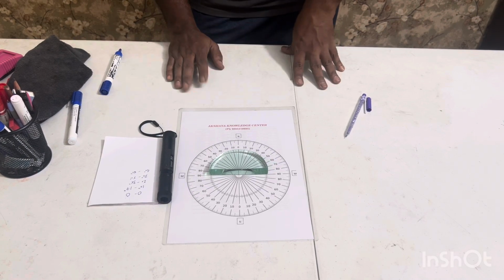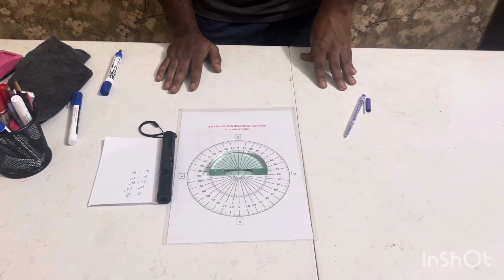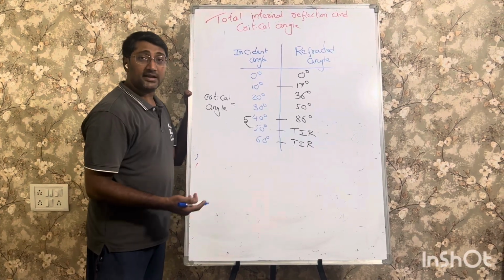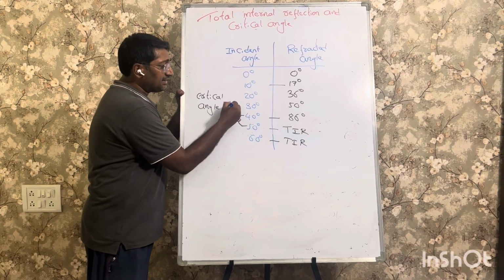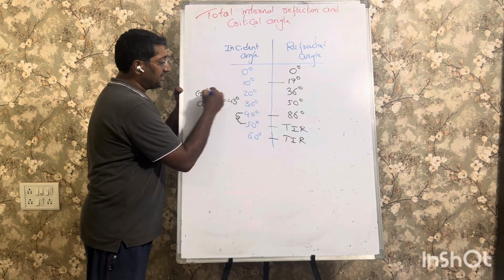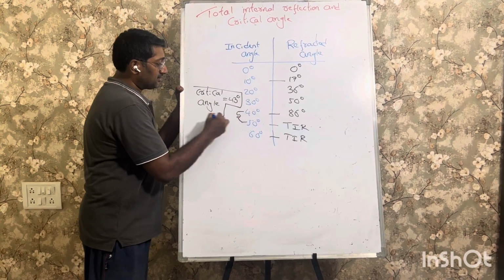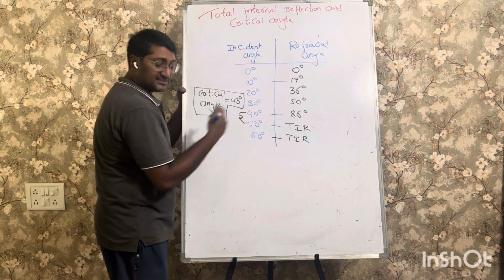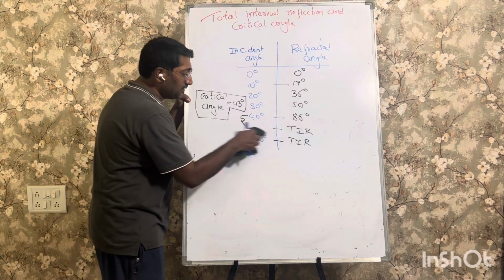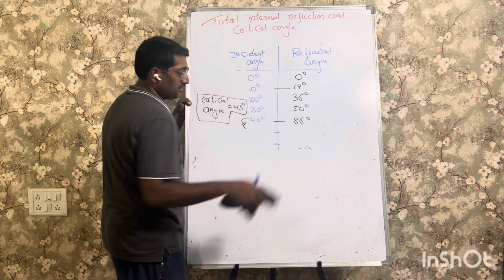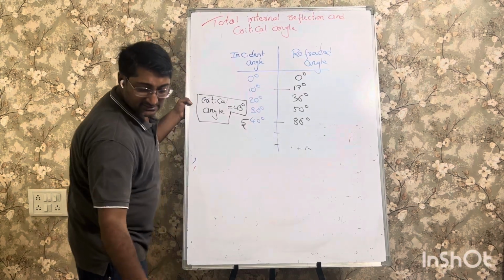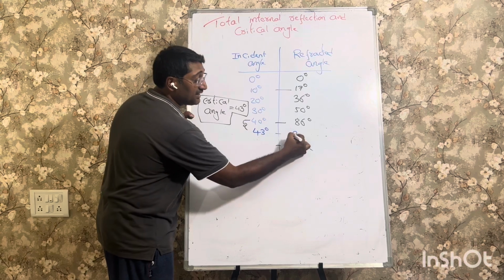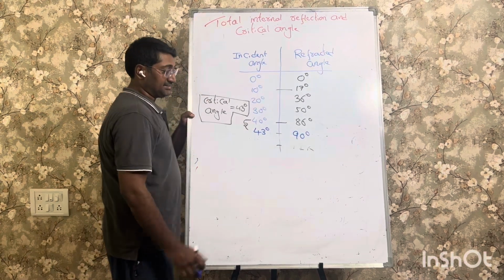Let's get back to the board now and summarize the whole concept. As you have observed from our experiment, critical angle is 43 degrees. What it indicates is at this 43 degrees, so let me modify my table. At 43 degrees, we are seeing a refraction of 90 degrees.